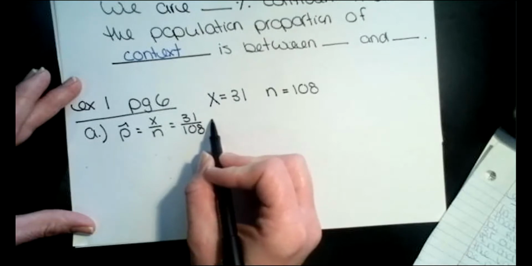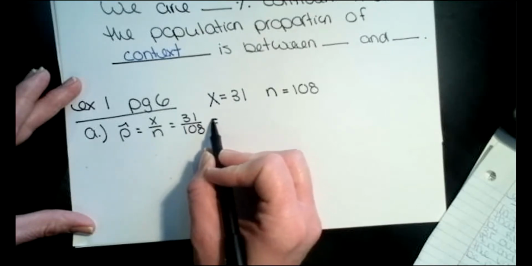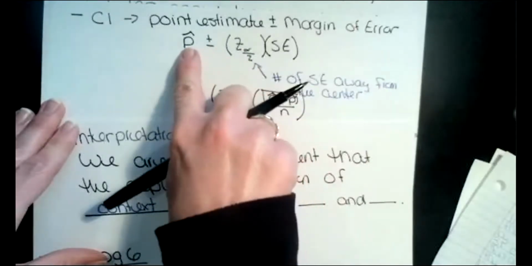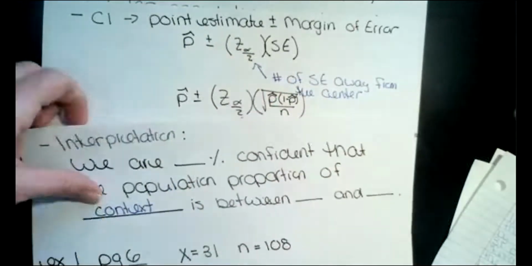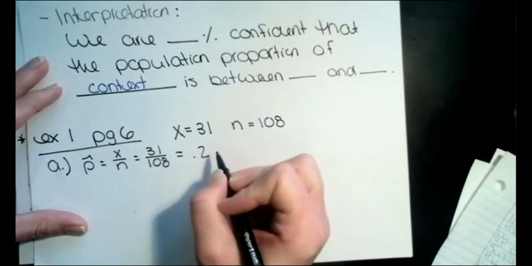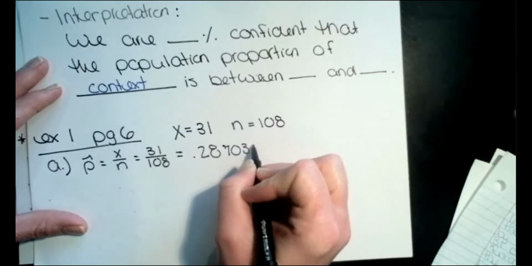I'm going to rewrite this and divide this out and write it as a decimal because I'll be plugging it into the formula eventually, but I'm not actually going to do that by hand today. So 0.287037.